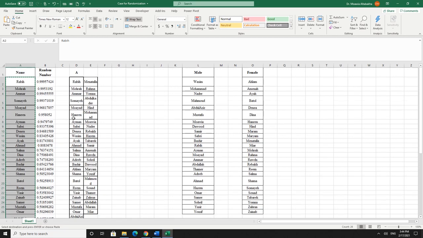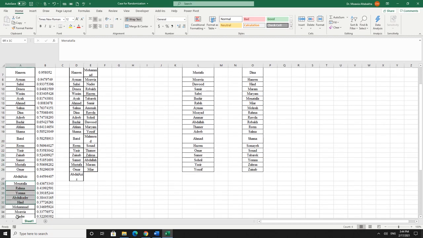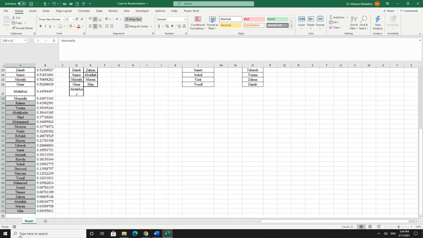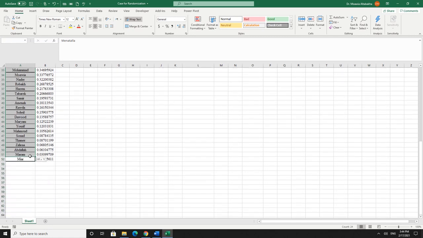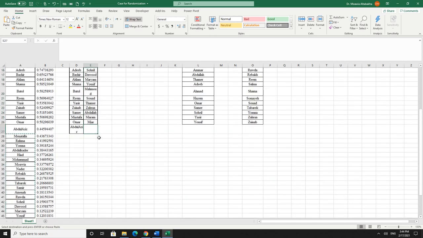Okay, again, here group B, from Minnatullah going down to Mayar. Anyway, strange. Why is something missing?